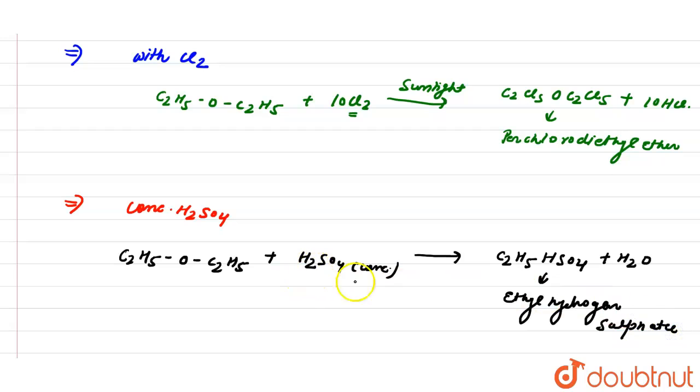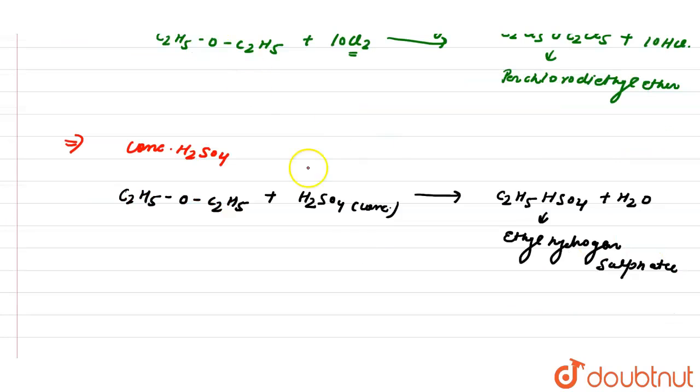It is also known as sulfonic acid. This is an organic chemical compound which is used as an intermediate in the production of ethanol from ethylene.